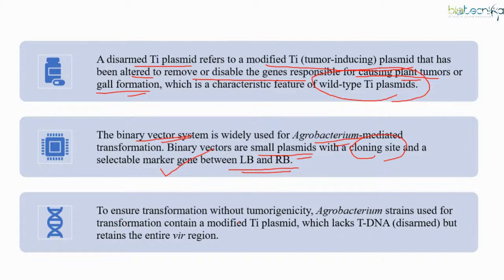So, to ensure transformation without tumorigenicity, Agrobacterium strains are used that contain a modified Ti plasmid which lacks the tDNA. Remember, when you remove the tDNA, that stage is called a disarmed Ti plasmid, but it will have the entire virulence region.